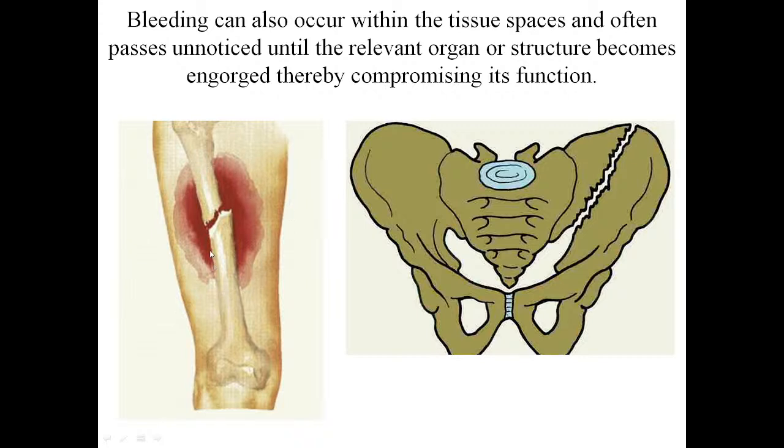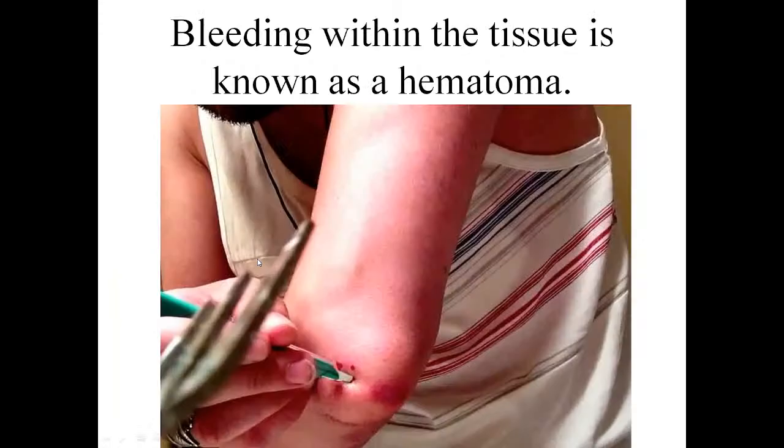Blood loss in this space can be about 1.5 liters. In the second picture you can see a fracture of the pelvis; if your patient has a pelvic fracture, blood loss inside the soft tissue can be about 2 to 3 liters.